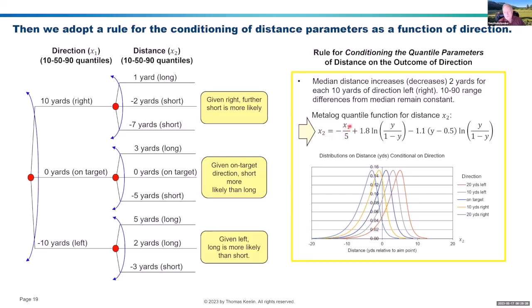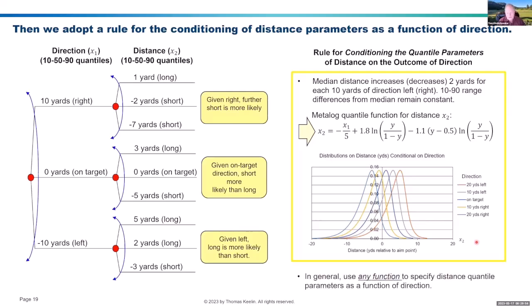That's the important characteristic of it. You need to know the result of direction in order to have your probability distribution over distance. And you can see here the corresponding curves to this equation, which have exactly the characteristics that I just mentioned. If you hit the ball left, it tends to be farther and so forth.